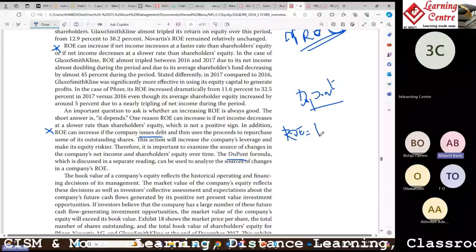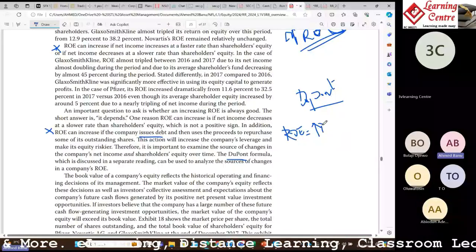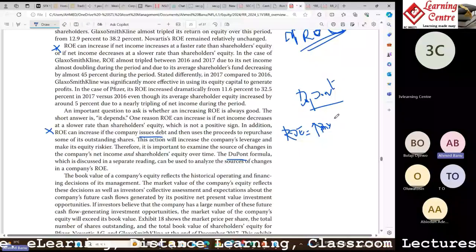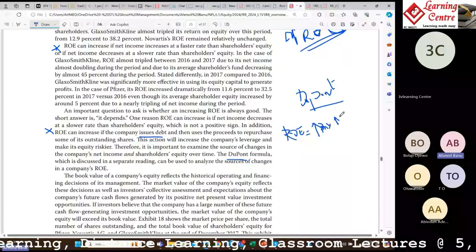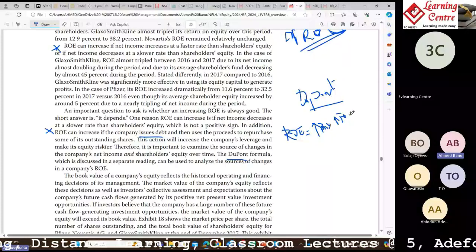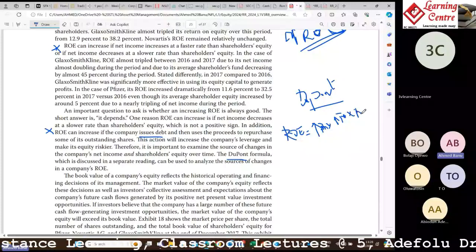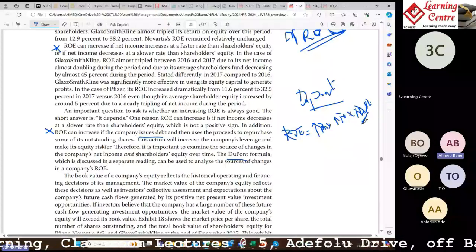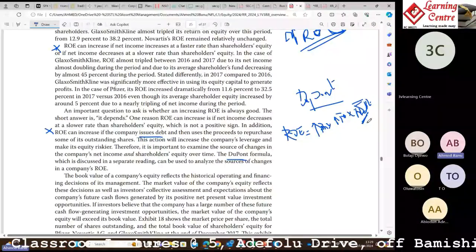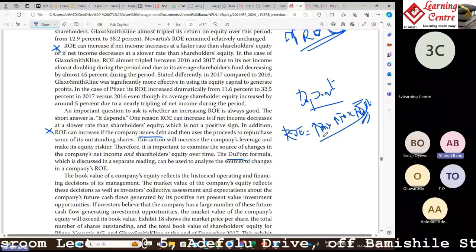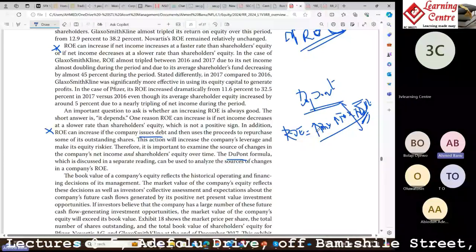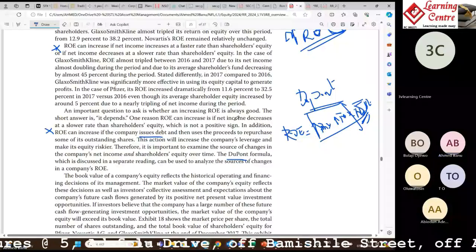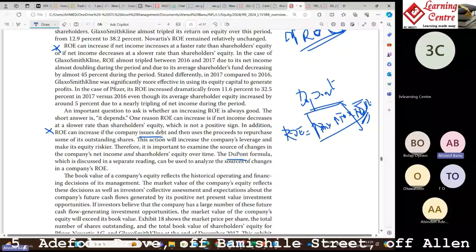Is it as a result of increases in profit margin? Is it as a result of increases in efficiency, as a result of total asset turnover, or is it as a result of increases in usage of debt? If it is an increase as a result of debt, then we need to be worried. But if it's as a result of these two, then fantastic. If it's as a result of debt, then you need to be very worried.